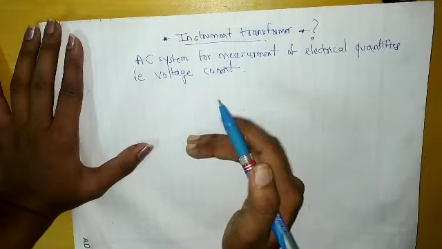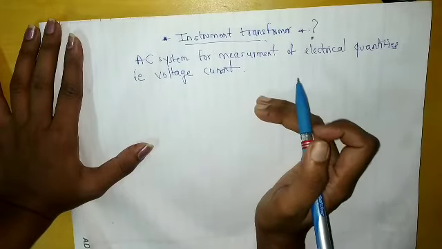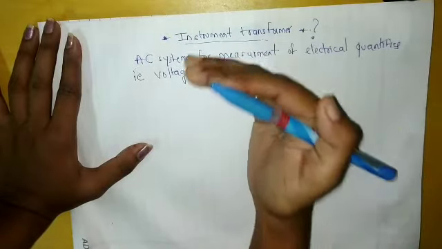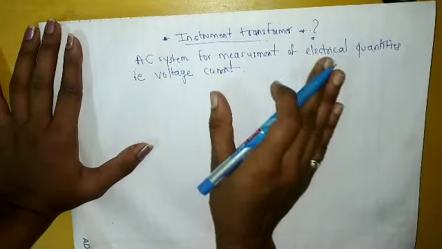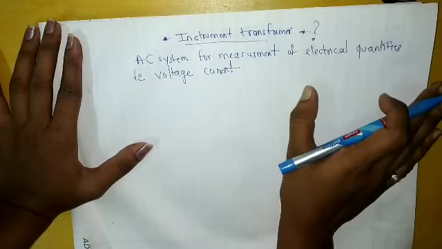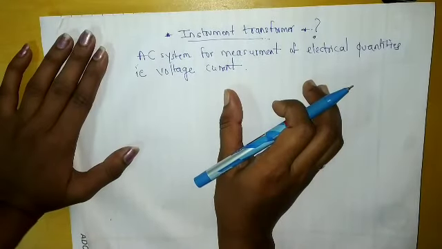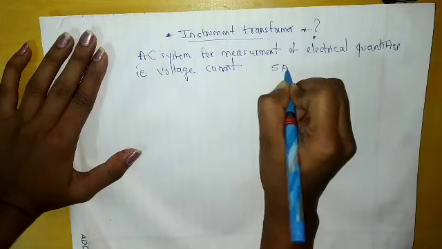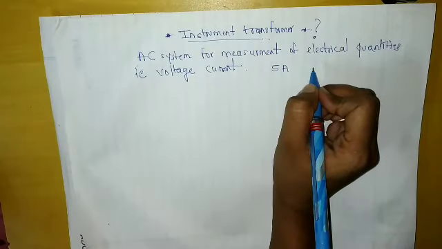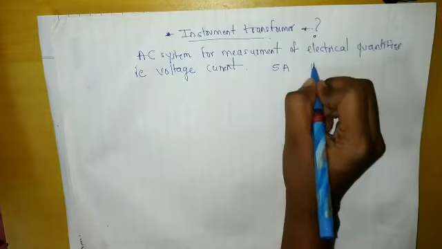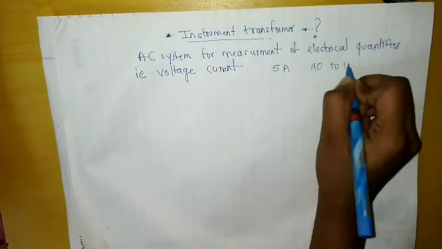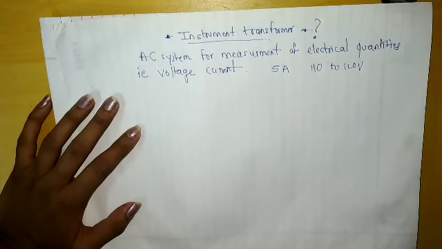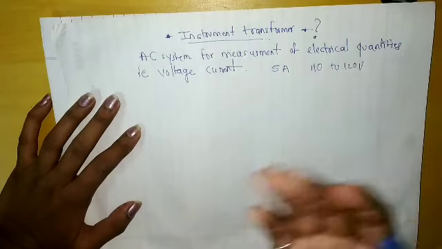For the low values we can use ammeter and voltmeter, but for higher voltage and current values we cannot, right? There is a particular limit. Generally our ordinary ammeter has a rating or capacity up to 5 ampere and our voltmeter has up to 110 to 120 volts, right? Beyond this they cannot measure.